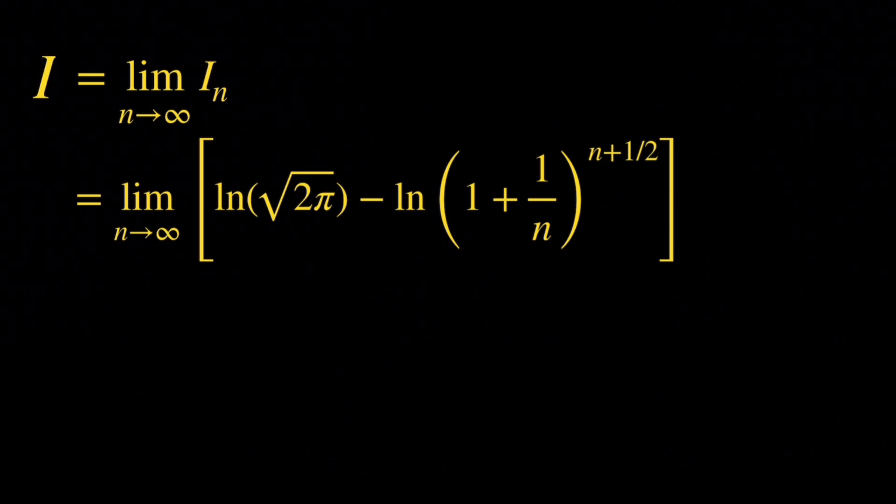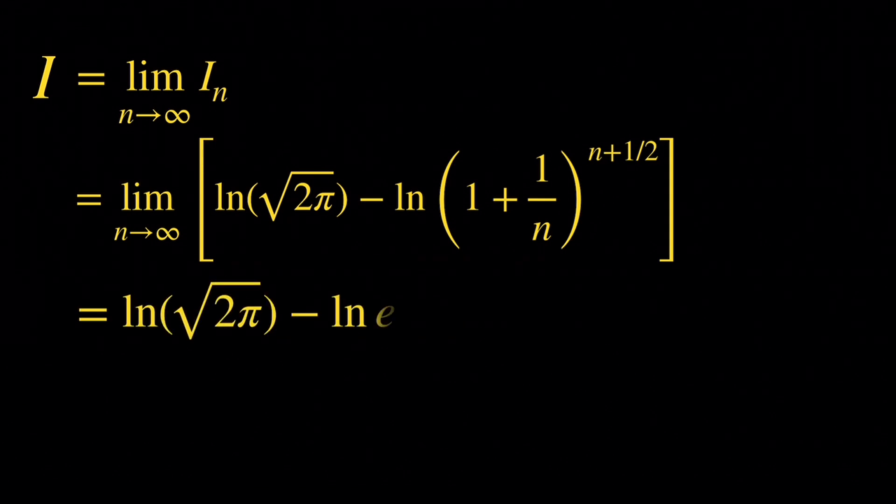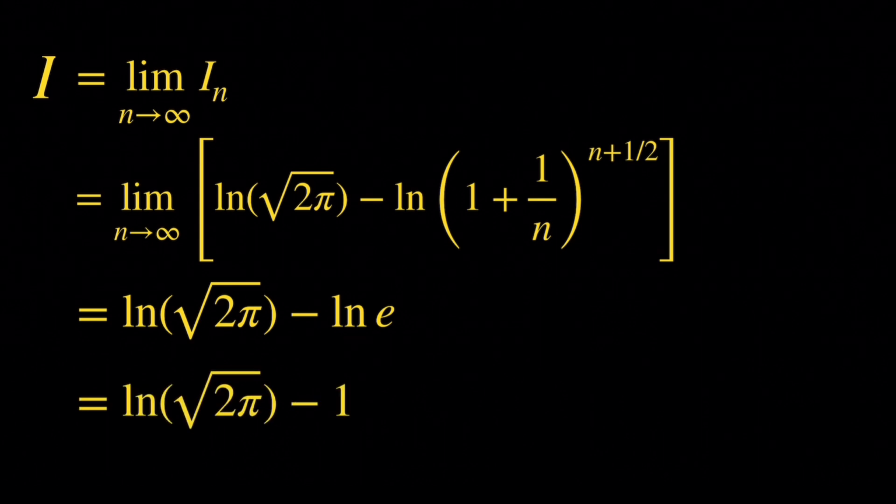You can basically discard the 1 half constant. Now, if we take the limit of 1 plus 1 over n to the n, we know that it's equal to e. So we're going to have natural log of square root of 2 pi minus natural log of e. Well, natural log of e is simply 1, so we get natural log of square root of 2 pi minus 1. And I think this is a good place to stop.